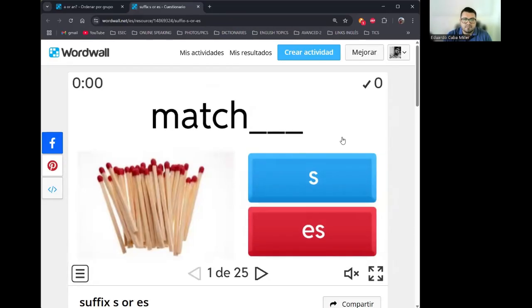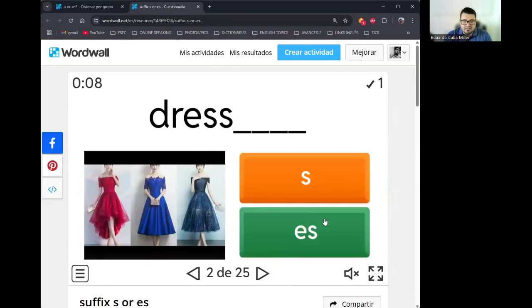Let's start. In this case, for number 1, it should be right with ES, matches. Correct. What about the next one? In this case, it ends in double S. Right, we add the ES. And the pronunciation is dresses. Correct. Let's continue, guys.